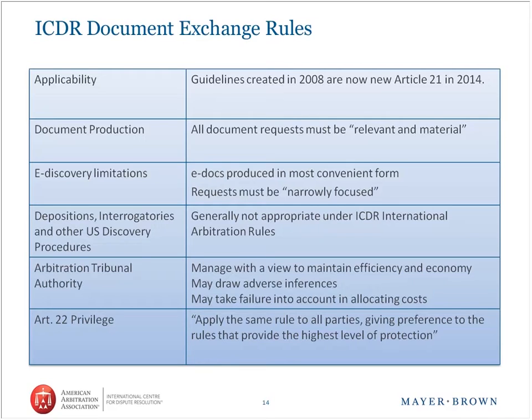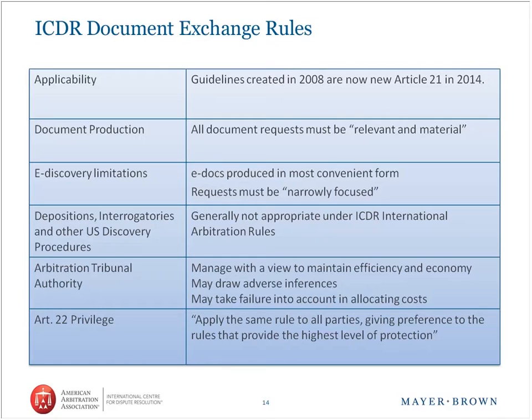So the advantage that the ICDR offers is that it codifies into a rule what has been widely accepted as standard practice in international arbitration. And it also prevents costly disputes about discovery and privileges before the tribunal.